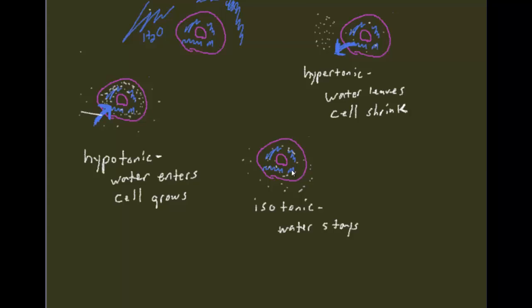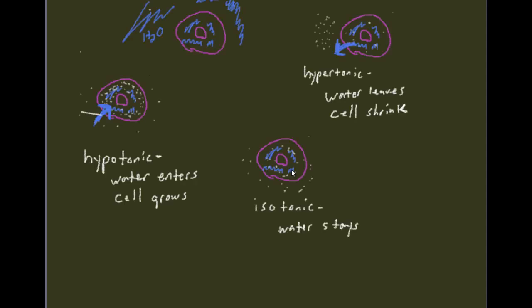Now, active transport, this won't take too long. We're almost at the end, don't worry. Active transport. Remember, we just talked about that active means you have to use energy.